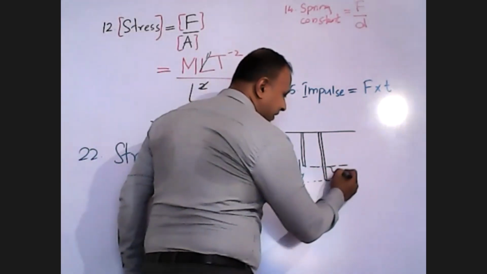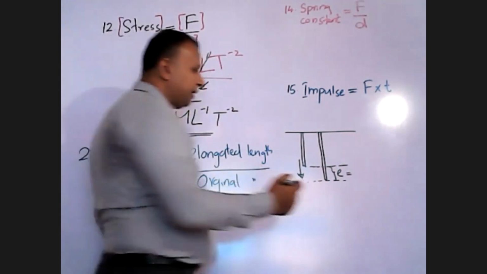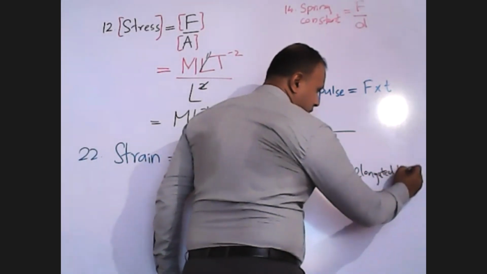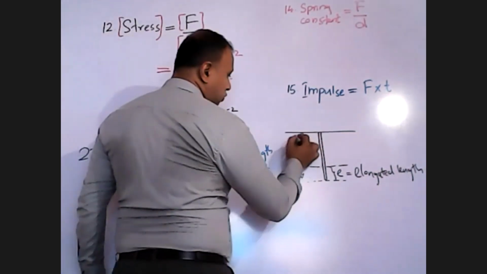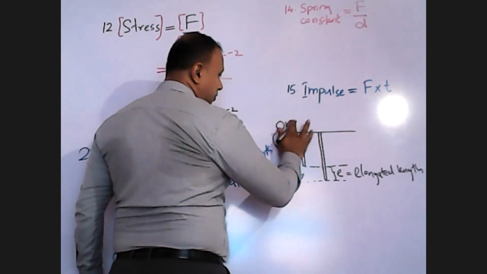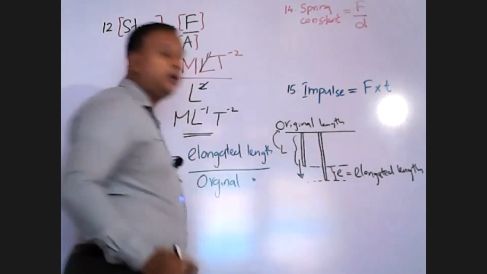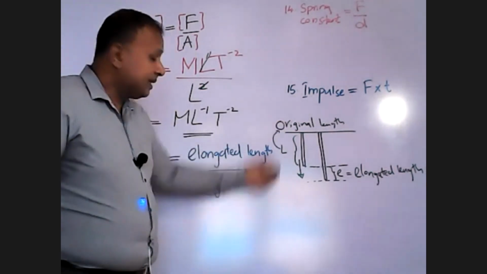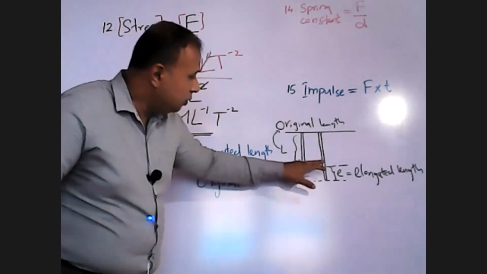Normally we call it simply e. And this length is the original length, L. Once I apply a force, this wire has been elongated up to this level.